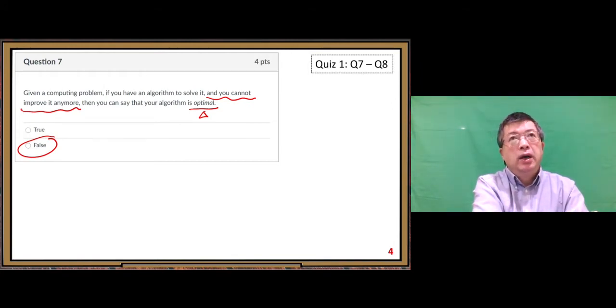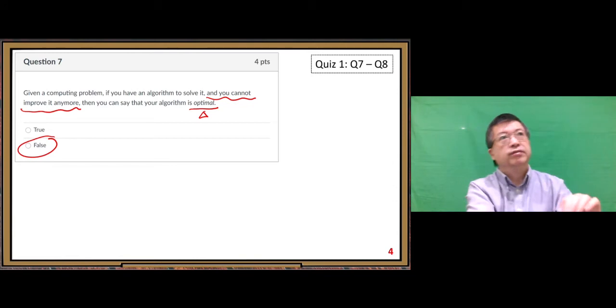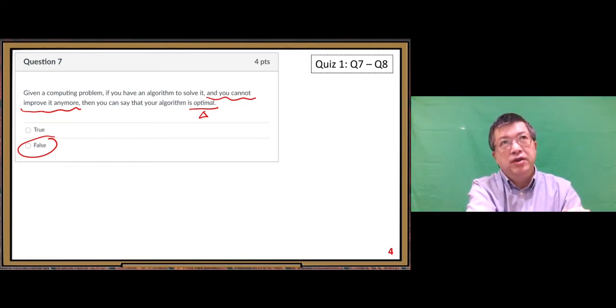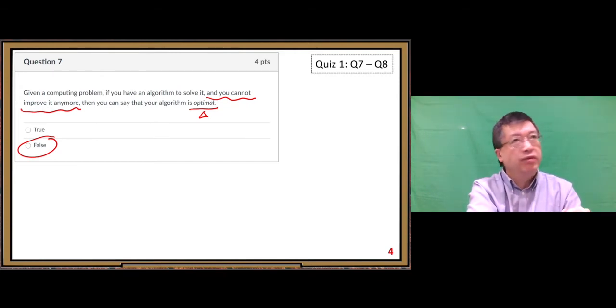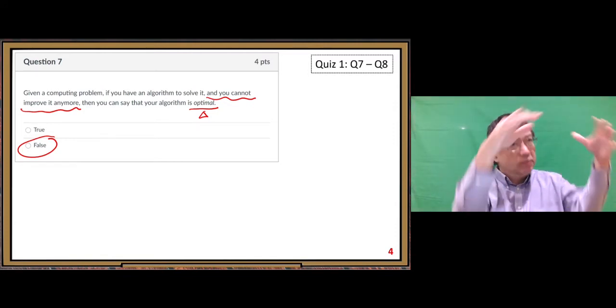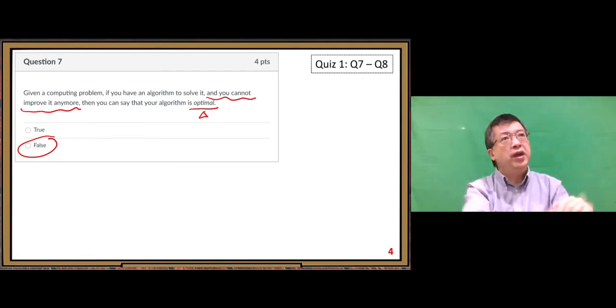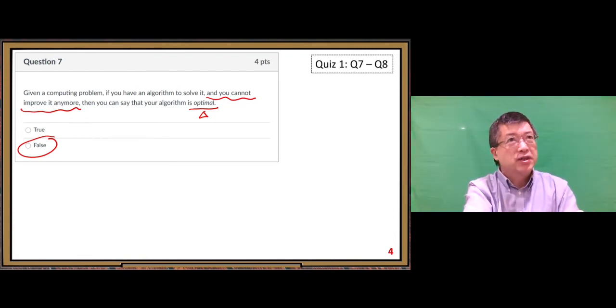All right. Then go to another level. Nobody can improve it. Can we say nobody? If nobody can improve it, can we say it is optimal? Still no. Even if nobody can improve it, can you exhaust everyone in the world? Nobody around you, nobody in some community, but can you exhaust everyone in the world?